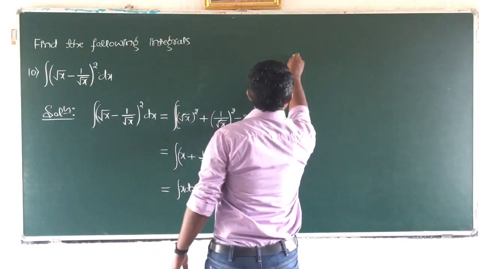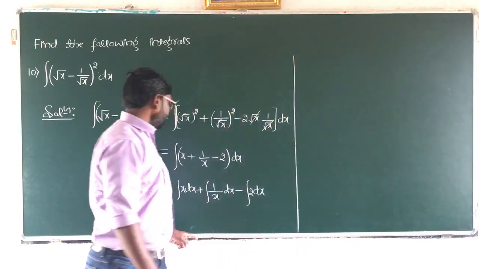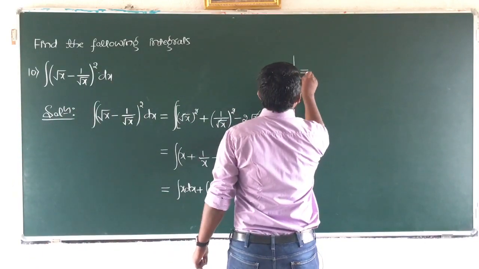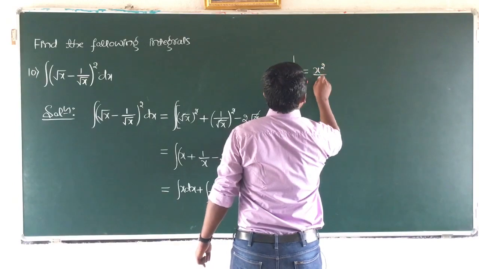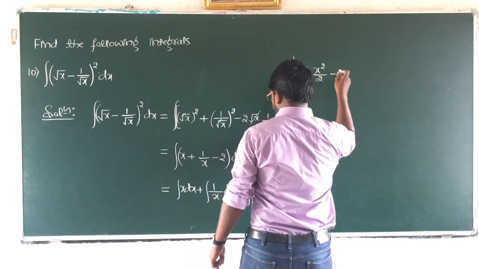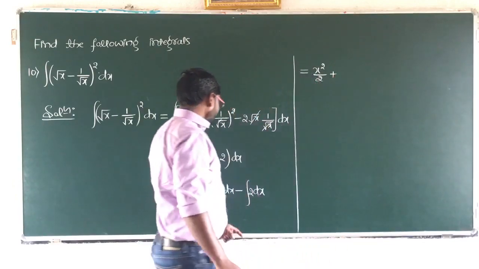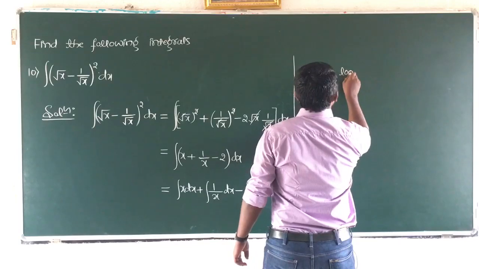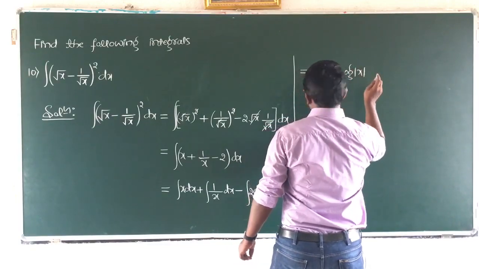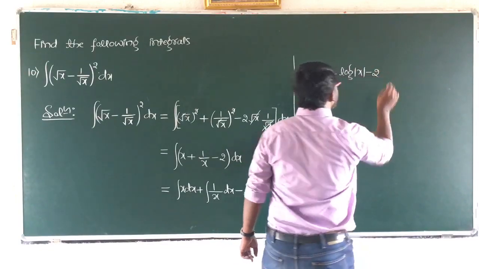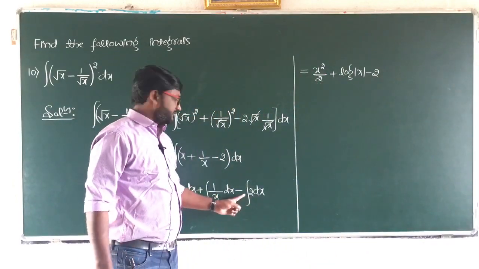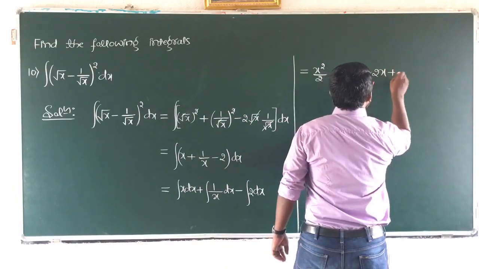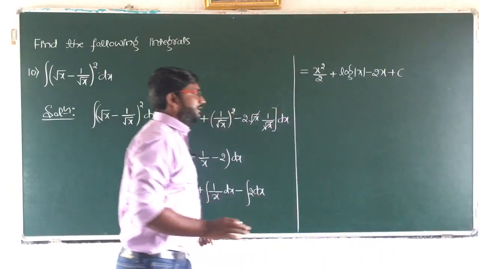Now what is integral x dx? It is x square by 2. Plus integral 1 by x dx will be log mod x. Then minus 2, 2 is a constant, I write it outside, then integral of dx will be x, plus c. So this is all about the 10th problem.